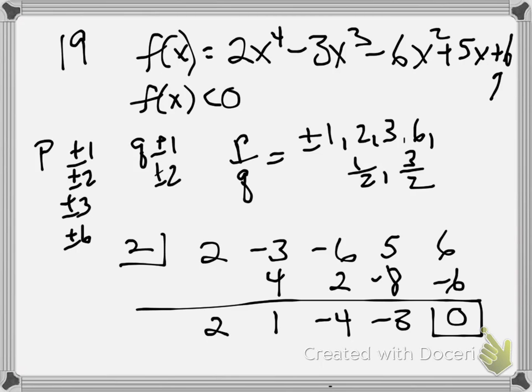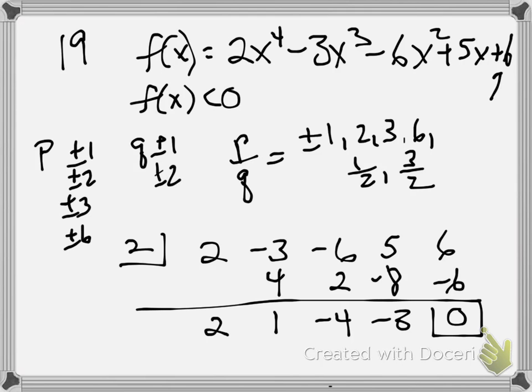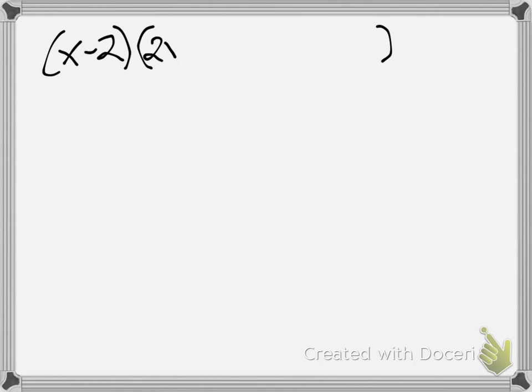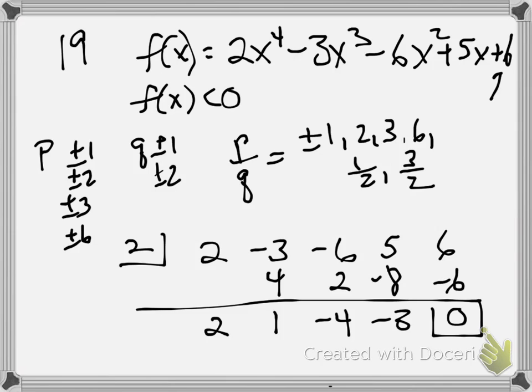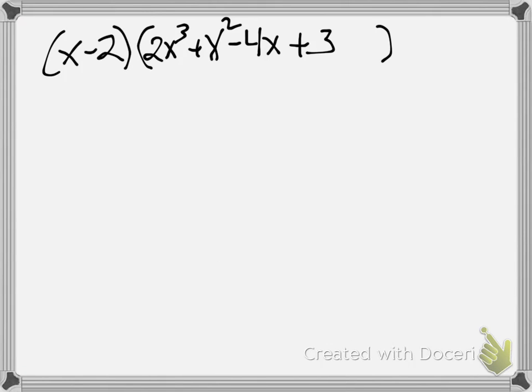So if we go on, that function then has now become x minus 2 times those remainders that I had there. I have to go back and look at them: 2, 1, minus 4, and minus 3, times 2x cubed plus x squared minus 4x minus 3. Sorry, this is a minus 3 from my problem earlier.